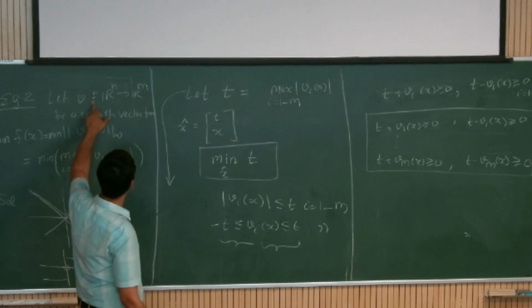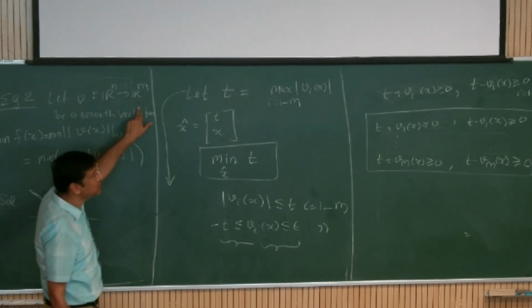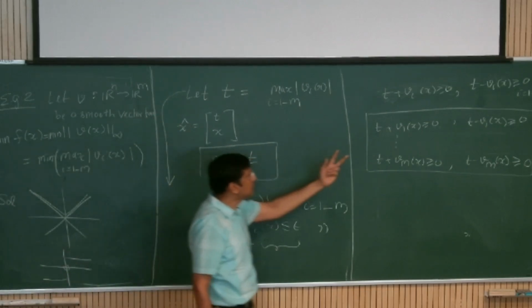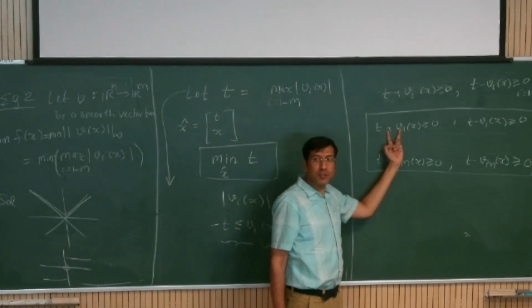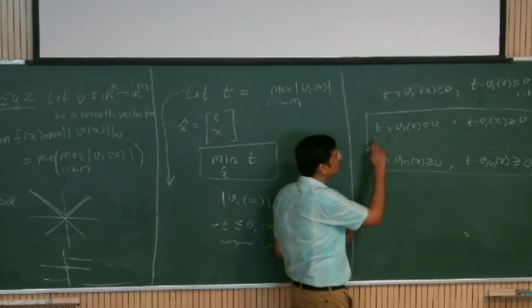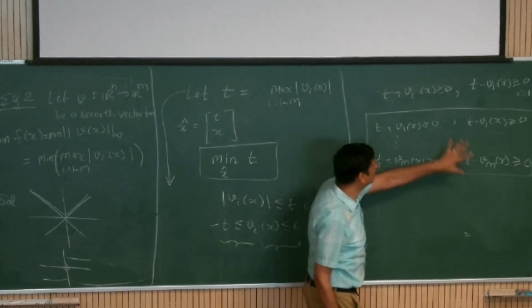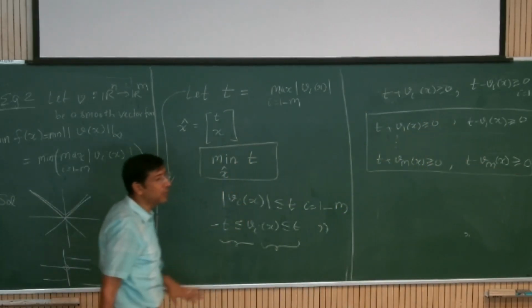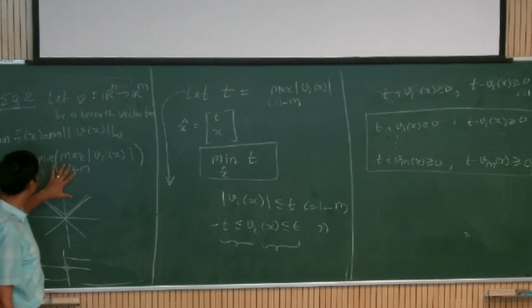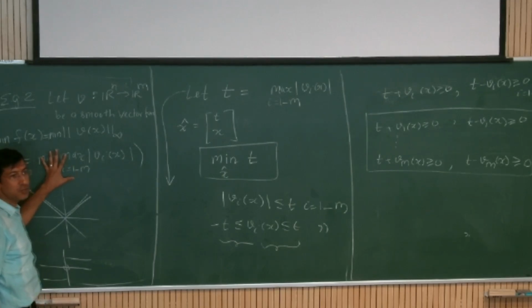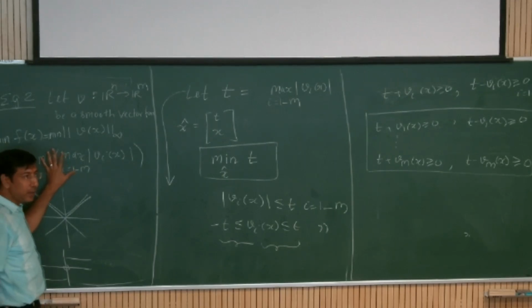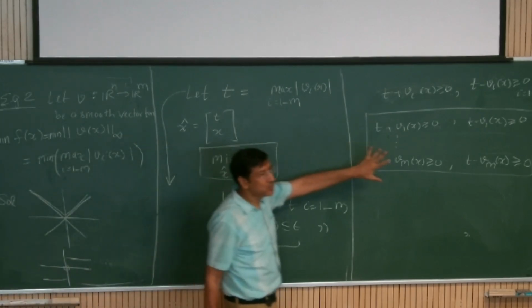So every component of v, v1 to vm, is smooth. Is an addition of smooth functions smooth? Yes, that property carries over. So all are smooth. So you converted a bad problem, unconstrained, which was not even C1, into a constrained problem which is C infinity.